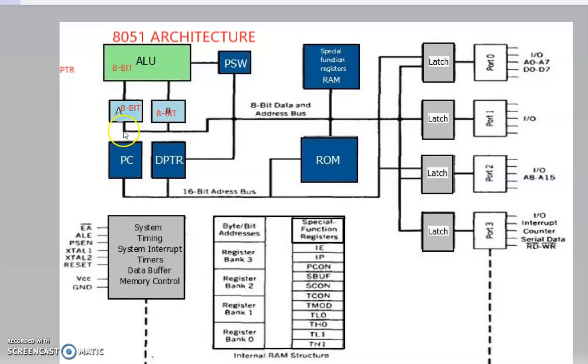We can write an example of a multiplication instruction: MUL AB. You can see that we are not giving any comma between A and B. The operation is performed only between A and B. That means the multiplication is between the operands stored in register A and register B. Register A is 8-bit and register B is also 8-bit, so the result of the multiplication will be 16-bit.